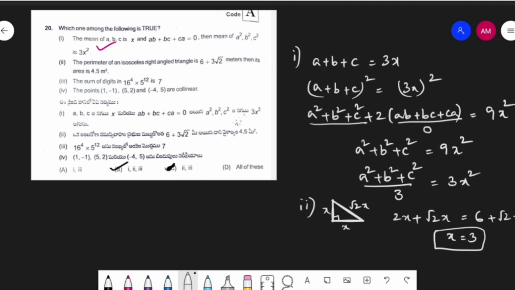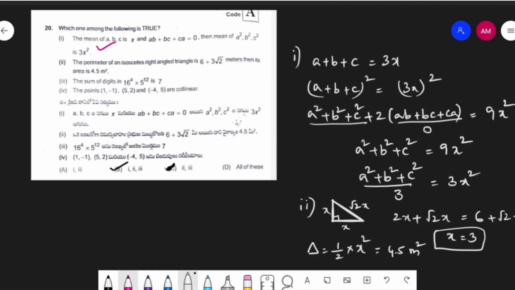So what will be the area of this one? Half into the two sides, the adjacent sides of a right angle triangle except the hypotenuse, base into height. So half x square. So x square is 9. 9 by 2 is 4.5 meters square.